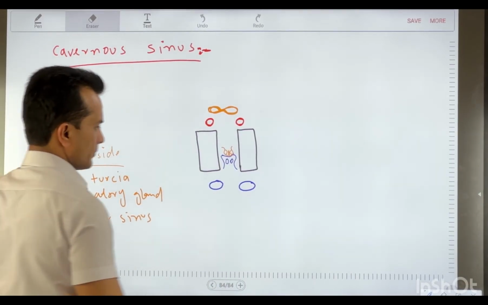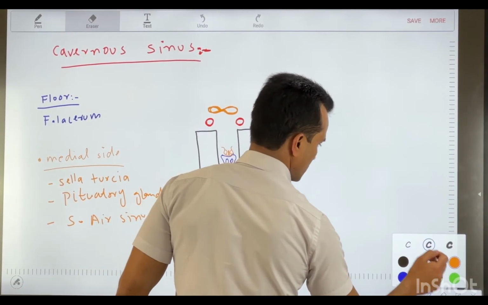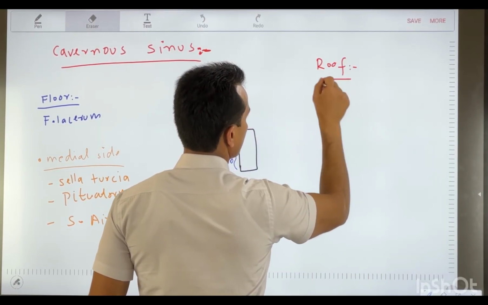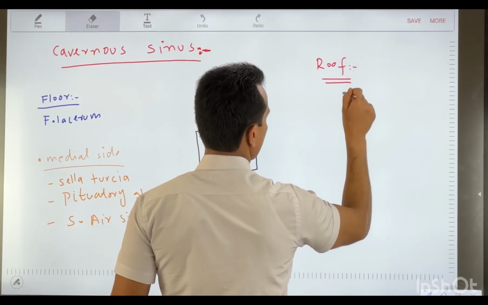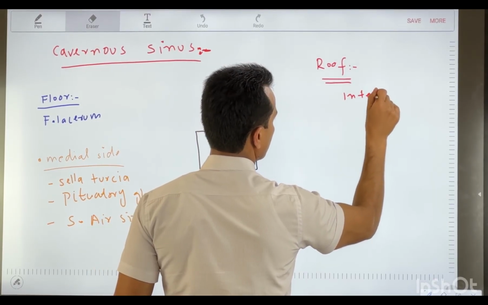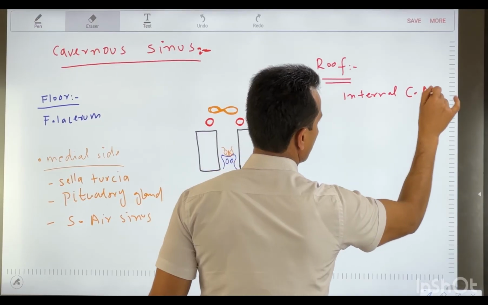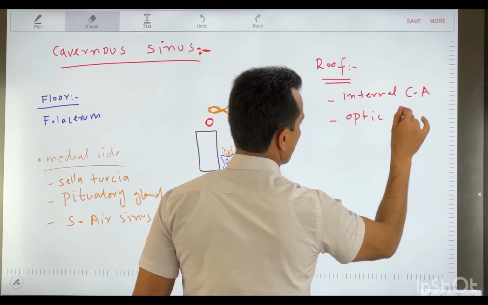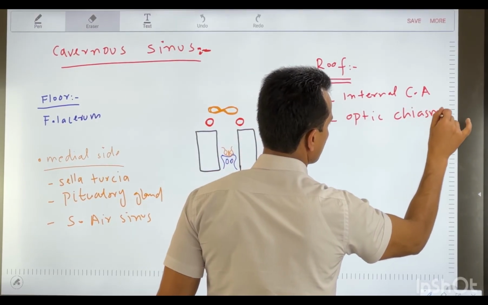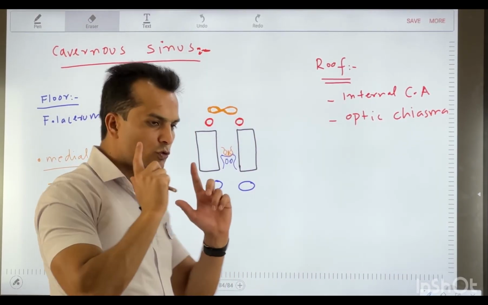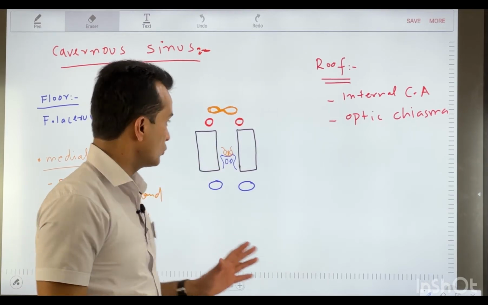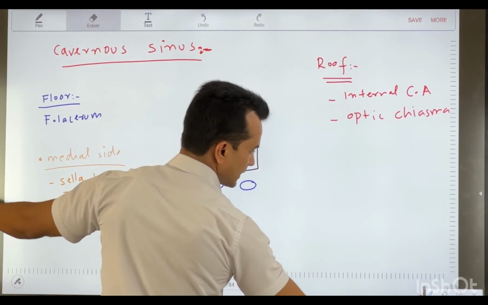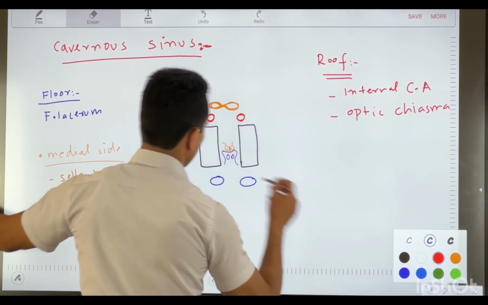So write please, roof. On the roof of the cavernous sinus you have got the internal carotid artery, and then you have got the optic chiasma. So remember, the internal carotid artery basically leaves your neck and enters into the base of skull through this foramen lacerum, and it's also passing through the cavernous sinus.